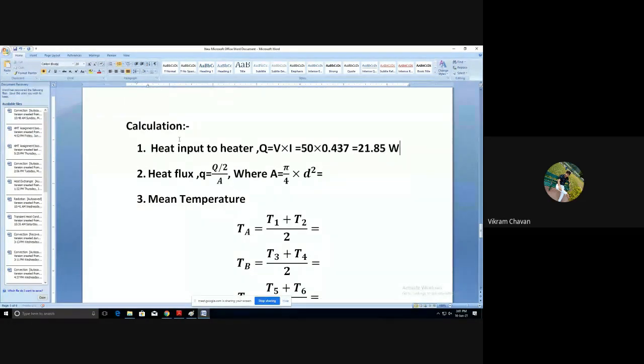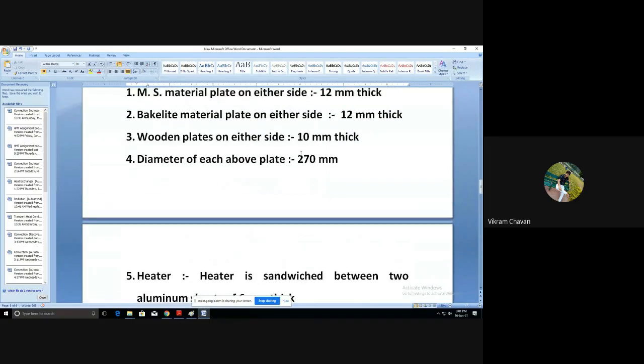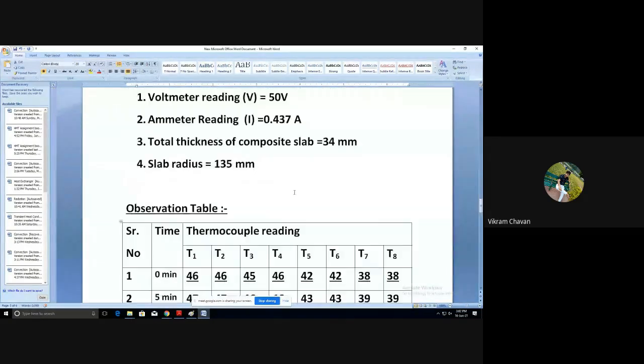Then heat flux. For that we require the area, pi by 4 multiplied by d squared. Take d as 0.270, in meters, because 270 mm divided by 1000.